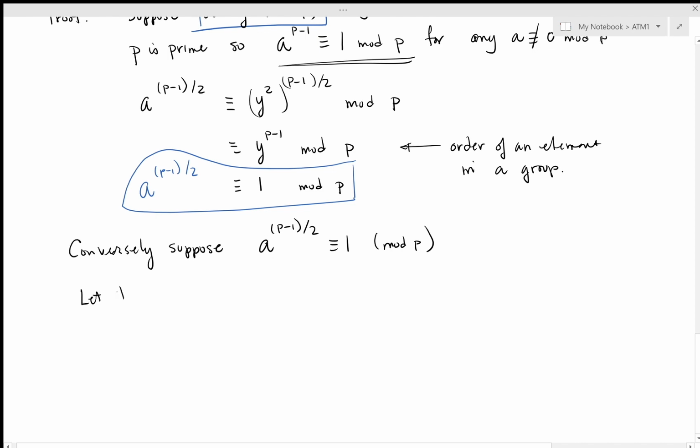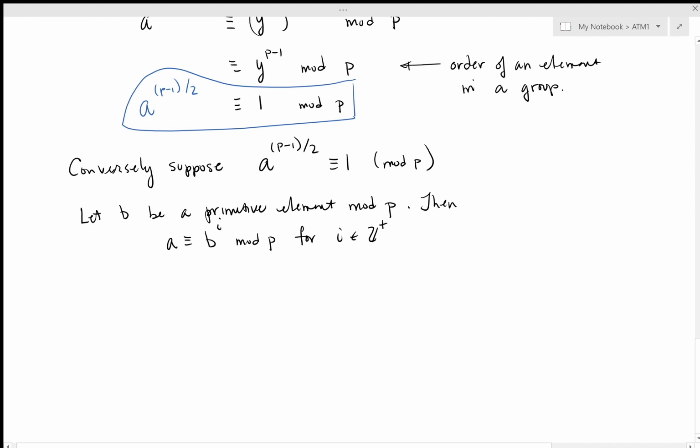Let B be a primitive element mod P. Then A is congruent to B to the I mod P for some positive integer I in Z plus.